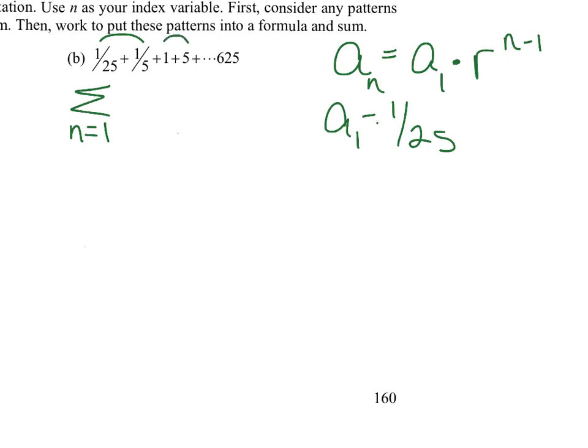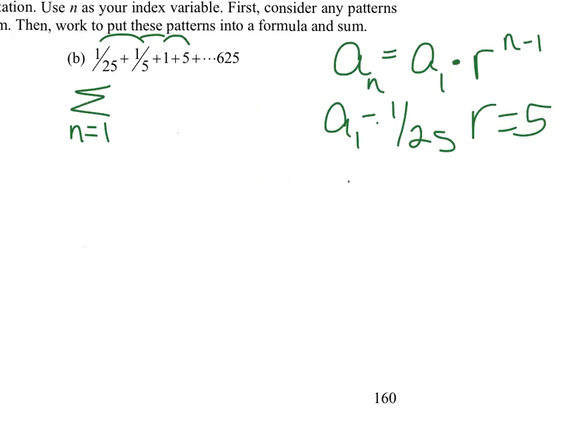Well, how do I get from 1 to 5? Add 4, but that's not going to work. Multiply by 5. Well, does that work? And it does. So my r is multiply by 5. If I wasn't sure, I could divide backwards. I would do 5 divided by 1, 1 divided by 1/5, 1/5 divided by 1/25, and you should get 5 every single time.